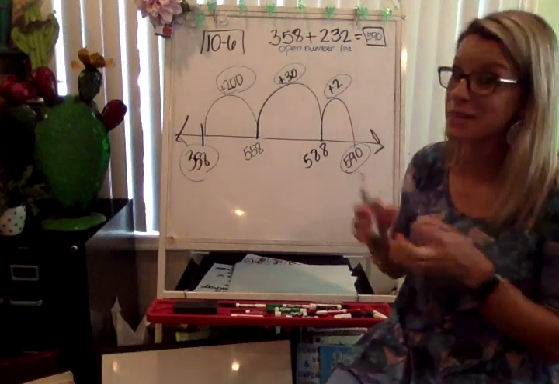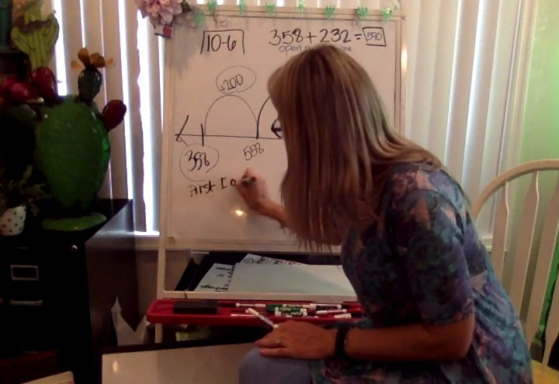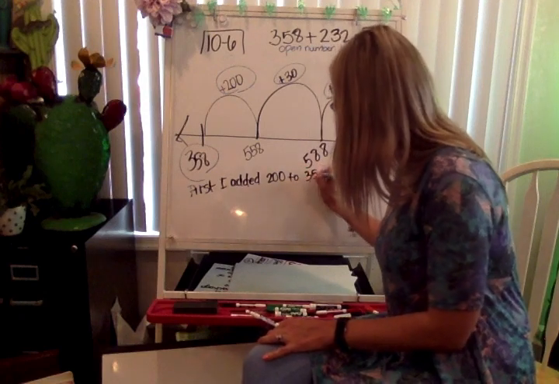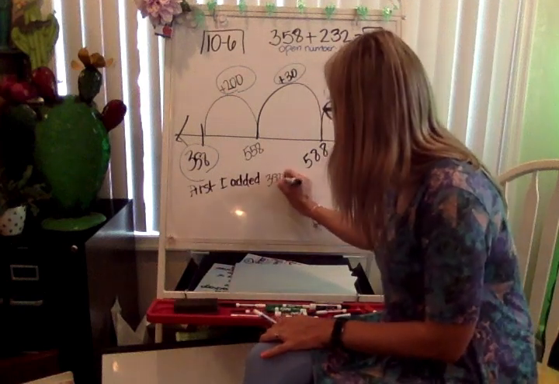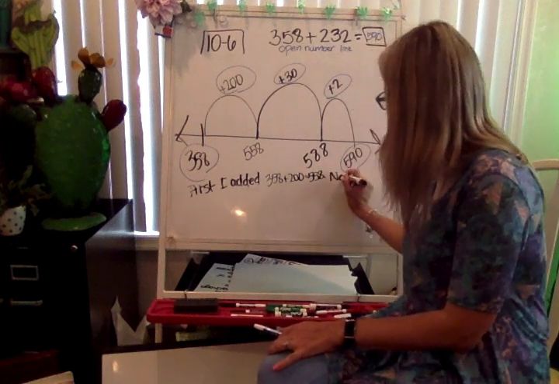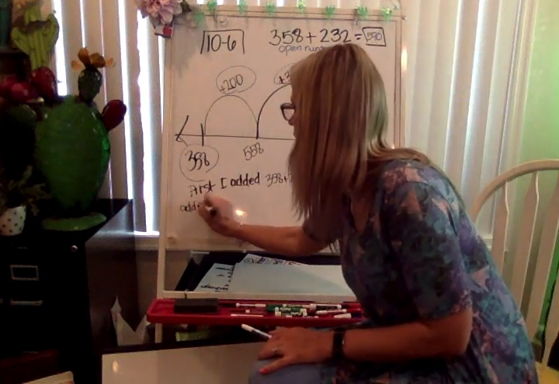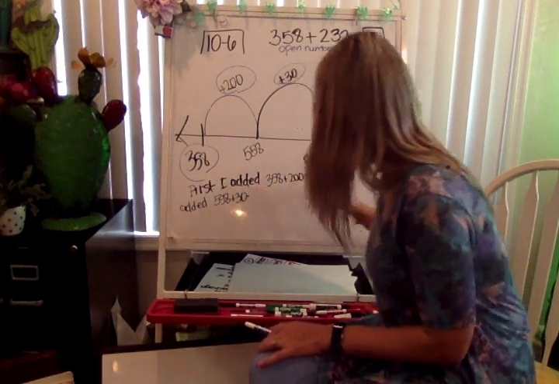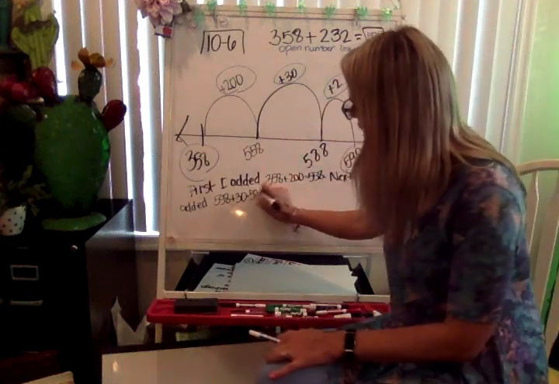If I was going to have to explain that, which you must do today, first, I added 200 to 358. Let's just say, first I added 358 plus 200 equals 558. Next, I added 558 plus 30 equals 588.